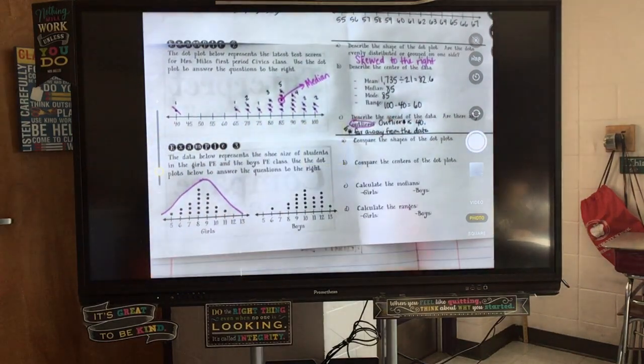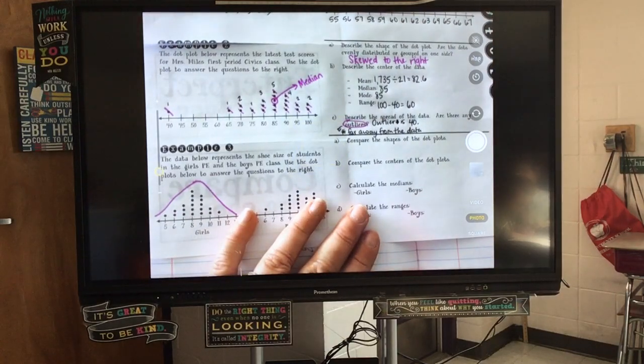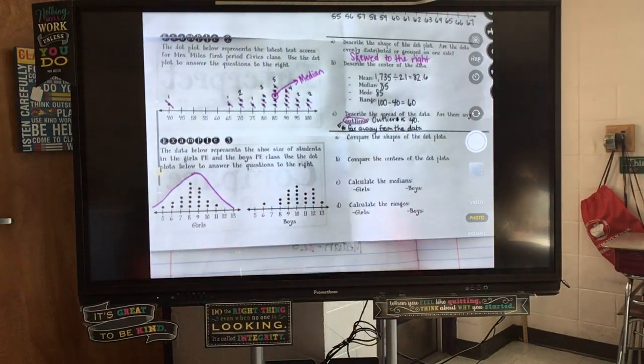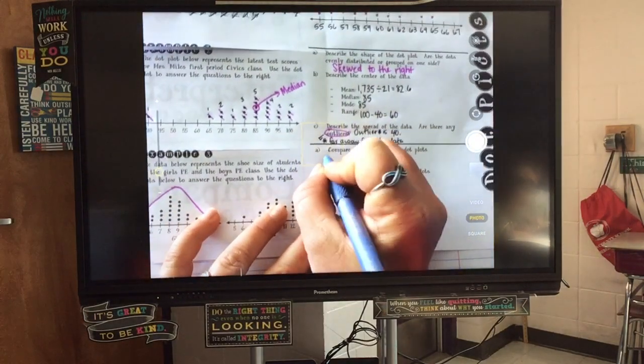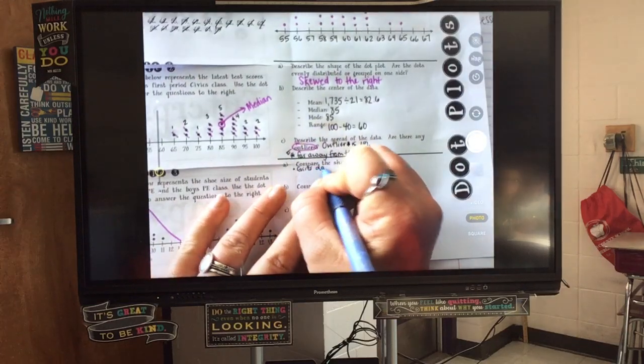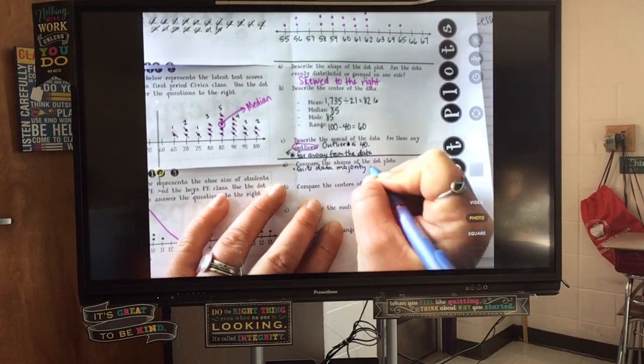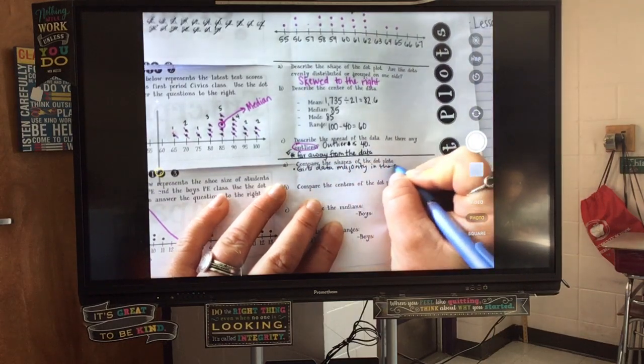All right, so where's the majority of our data in the girls' dot plot? 8, 9. Okay, don't be as specific. Oh, no. In the middle, all right? So we're just gonna say girls, data majority in the center.